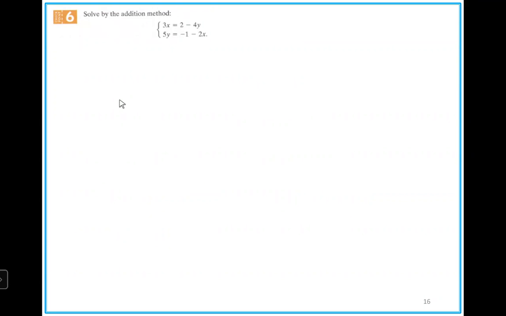You need to bring the variables over. Okay, variables over. So how would you write the first one? The first one would be 3x plus 4y equals 2. The second one would be 5y plus... Well, we want to keep the x's together and the y's together.